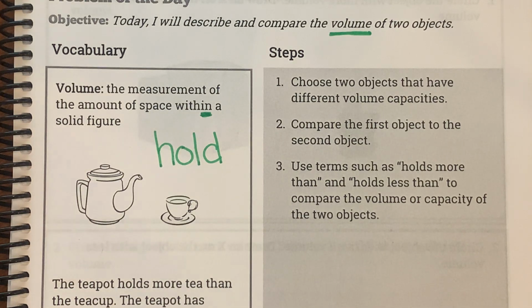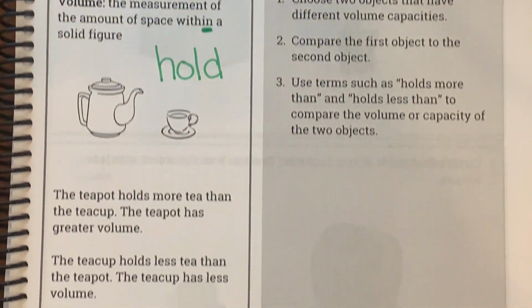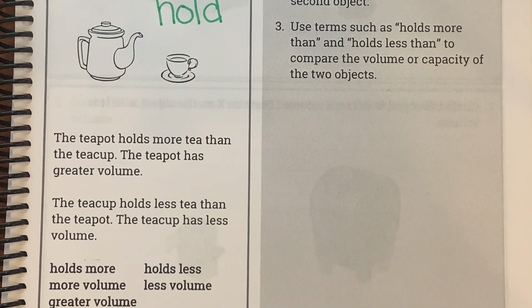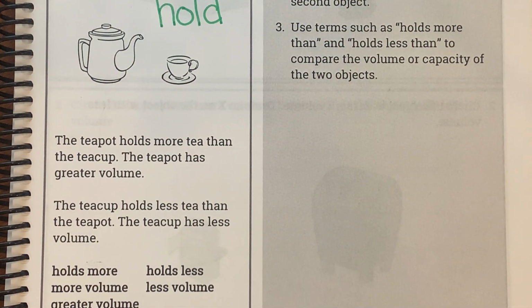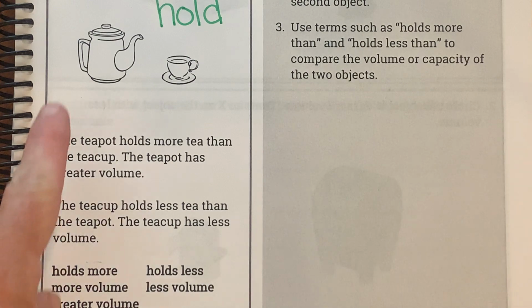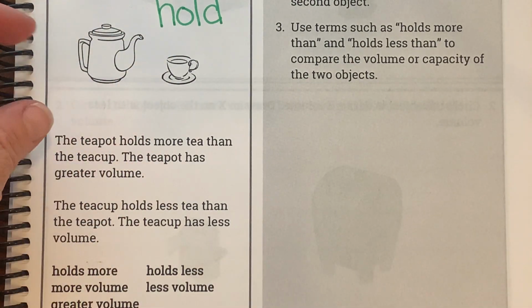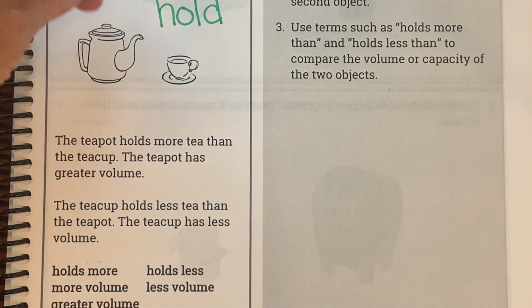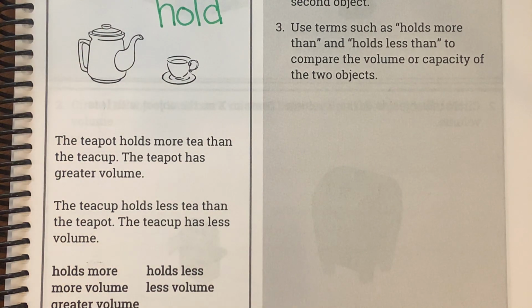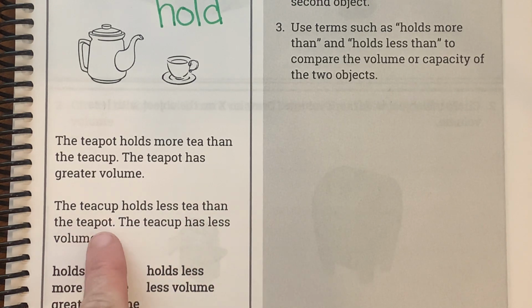Okay, so let's read some of the things they tell us about these. Our first thing says, the teapot holds more tea than the teacup. So the teapot has greater volume. I can put more tea in it, which means it has greater volume. The teacup holds less tea than the teapot.